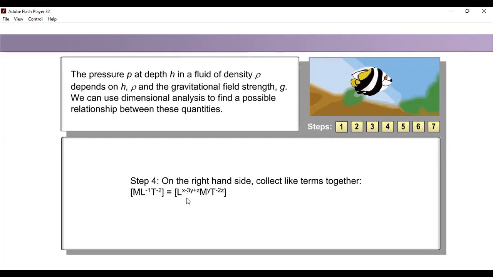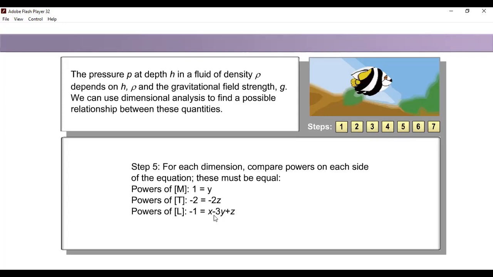And how about L? Then we get y, we get z, right? We replace the y and the z into the formula, where x minus 3y plus z will be equal to negative 1.